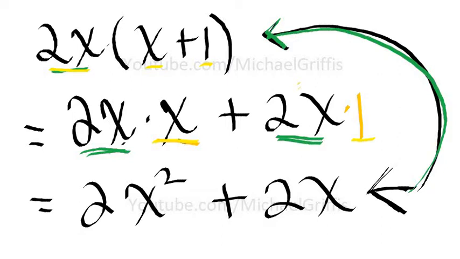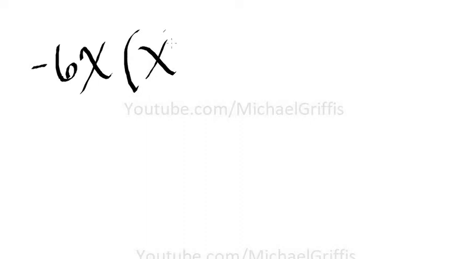All right, we're going to work lots of these problems. So let's look at this one here. This time we're going to have a negative out front: negative 6x times x squared minus 1. I'm going to multiply this negative 6x inside.